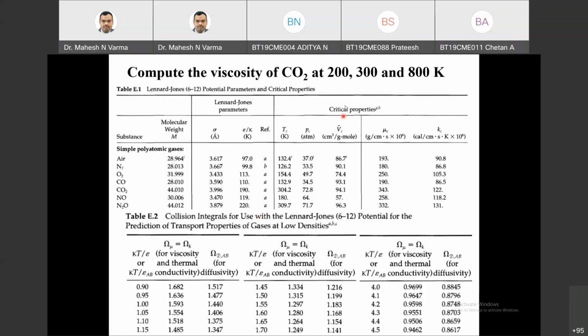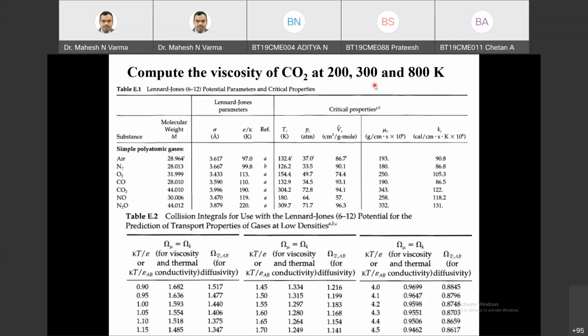It is 200 divided by 190, which is something around 1.1. So I will get the collision integral at 1.1.